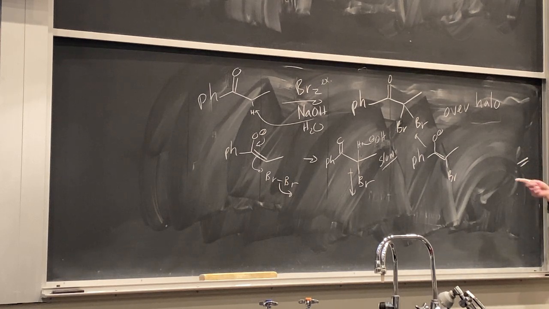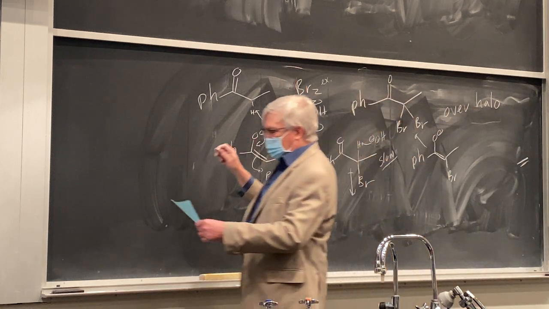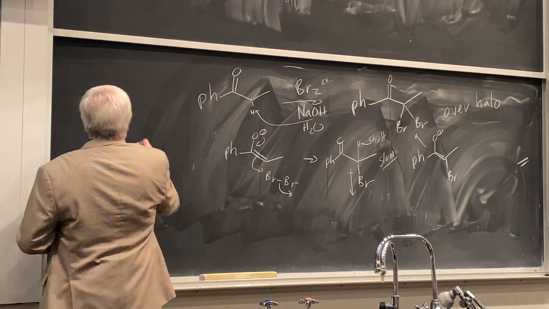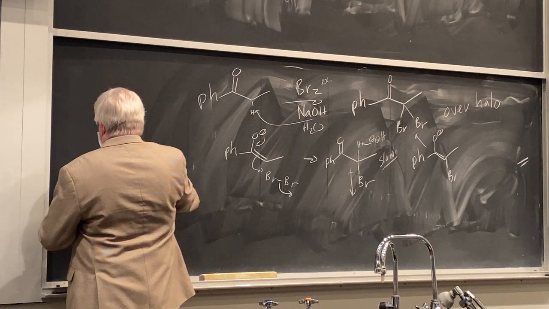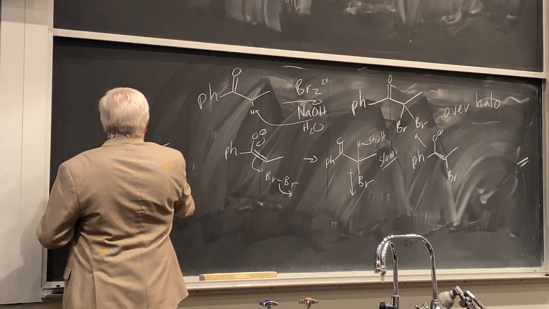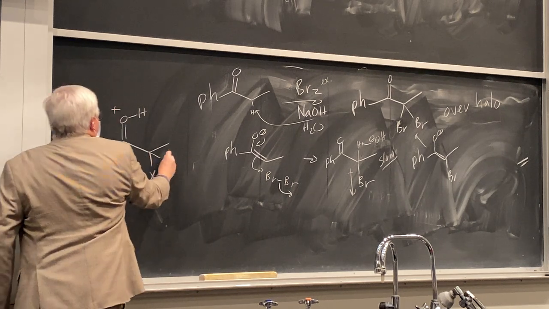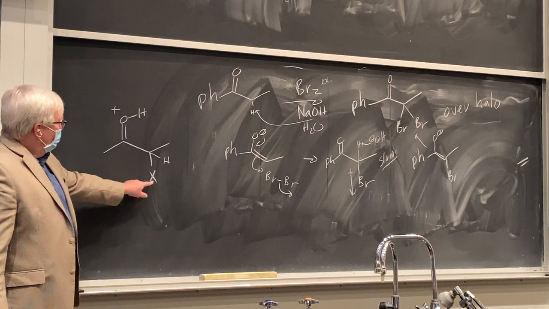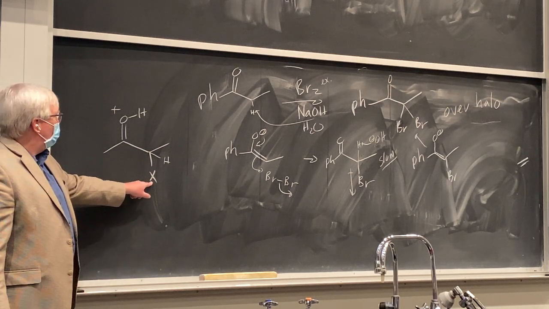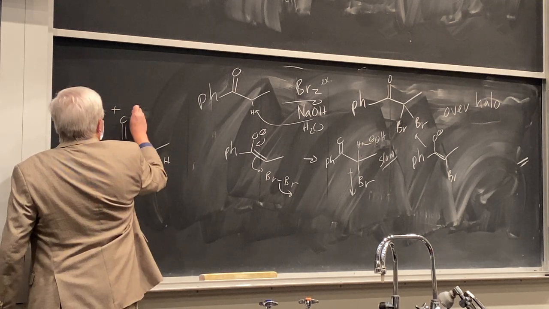So this over-halogenation is a problem under basic conditions. But let's look at acidic conditions here. How come acidic conditions don't favor that? Well, acidic conditions, if we got one on there already, okay, and we're trying to form the enol that has a halogen already on there, you see, we're trying to protonate this, right?